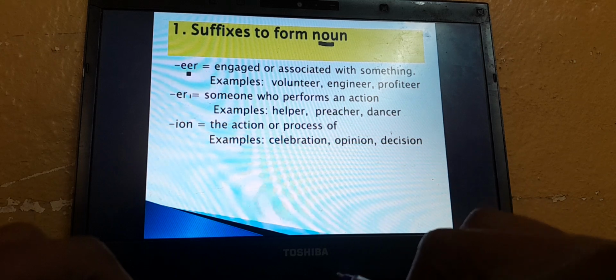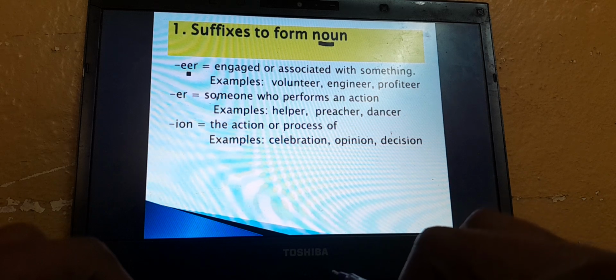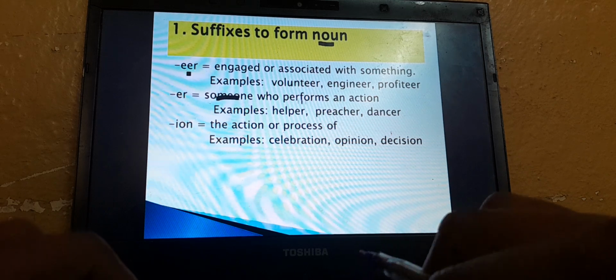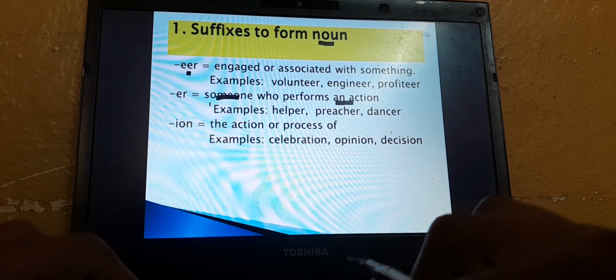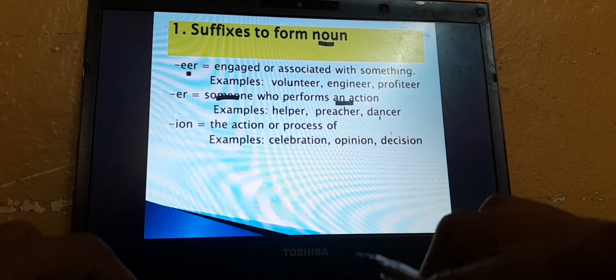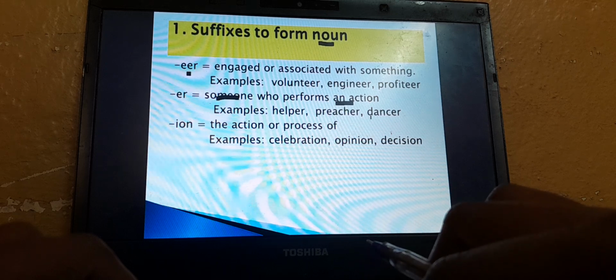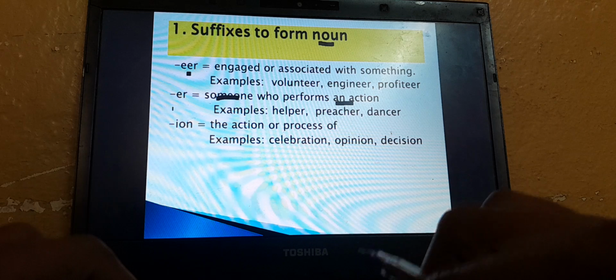And er is also a suffix, and its meaning is someone who performs an action. Examples: helper, preacher, dancer.